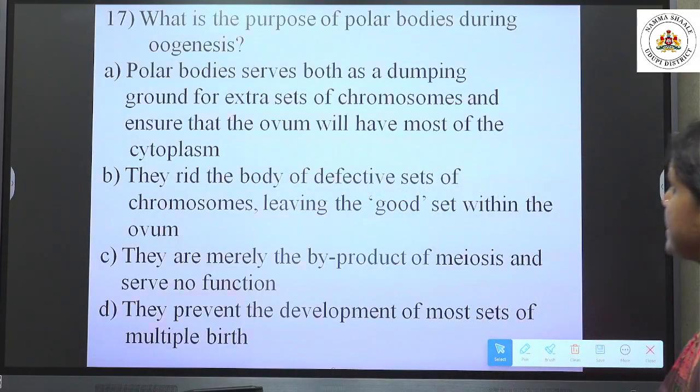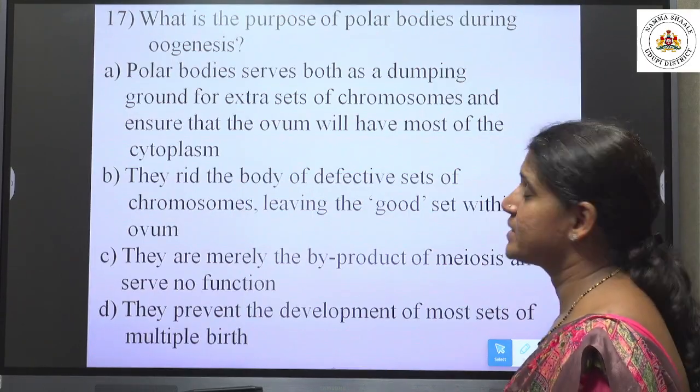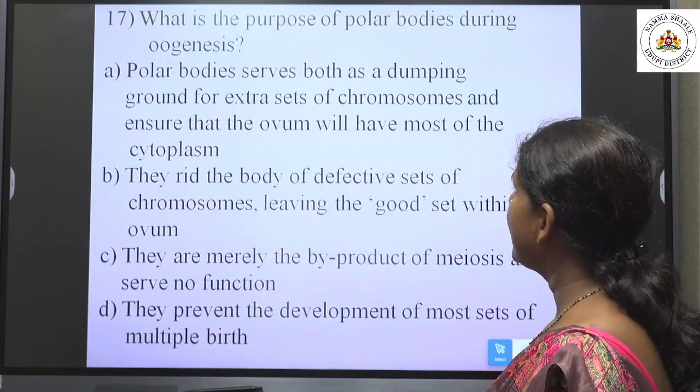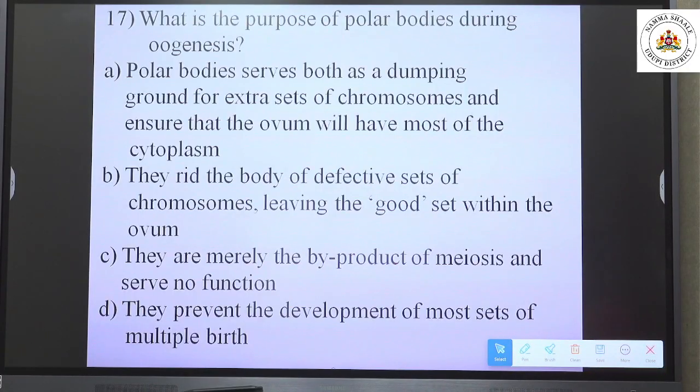And the next question is, what is the purpose of polar body during oogenesis? You know, during the oogenesis, first polar body and second polar bodies are formed. And what is the purpose of these polar bodies?